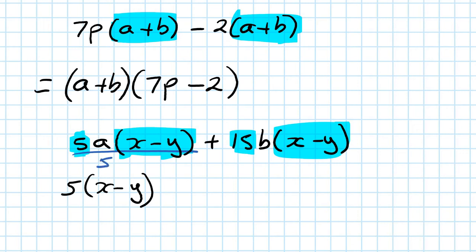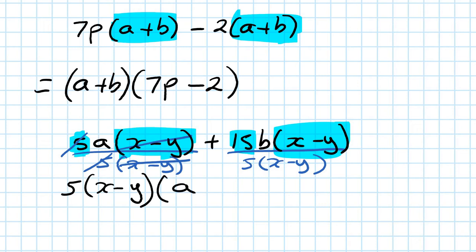So I divide by 5(x - y). The 5 cancels out, this cancels with this, so you're left with a on this side, and then 15 divided by 5 is 3, so that means + 3. Then this one disappears, so you're left with 3b. That's your answer.